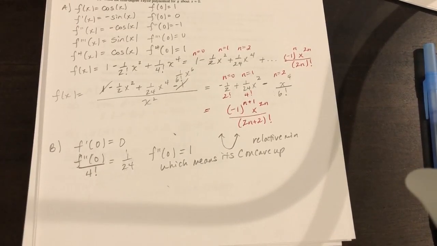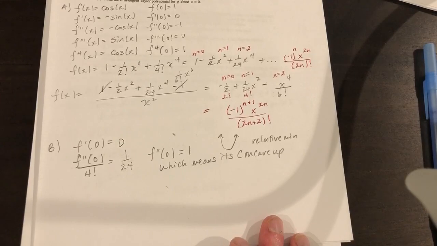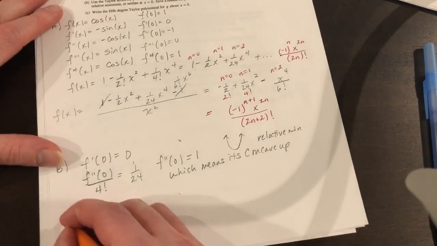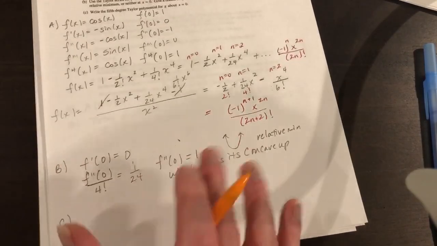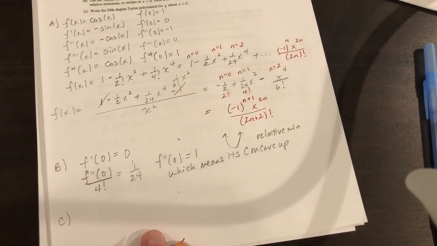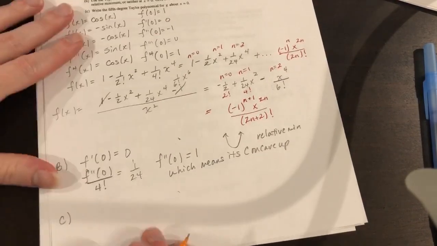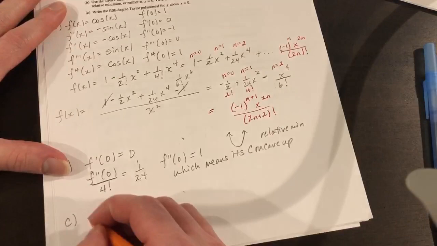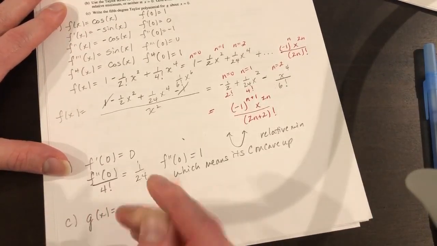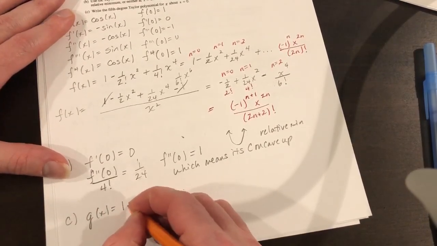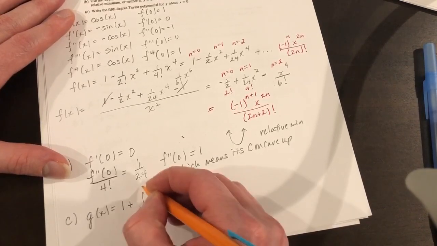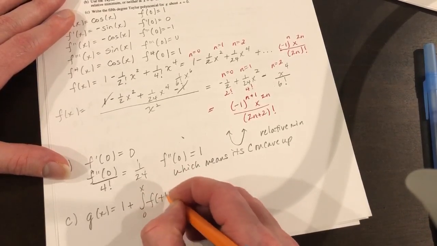Okay, part C. It says write the 5th degree polynomial for g about x equals 0. So what I want to do is integrate this. g of x is equal to 1 plus the integral from 0 to x of f of t dt.